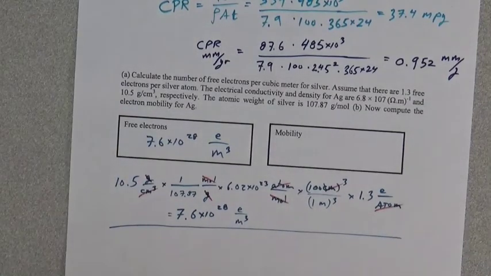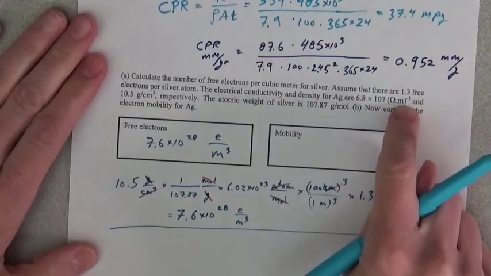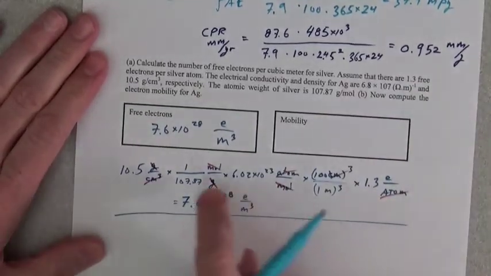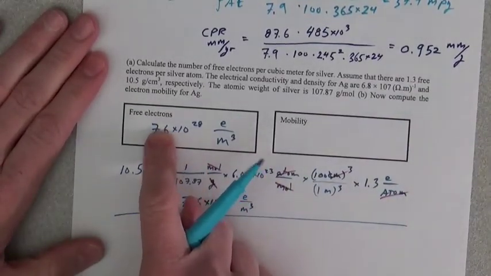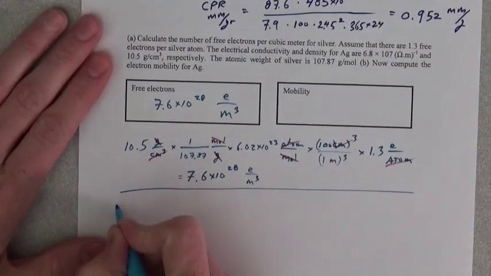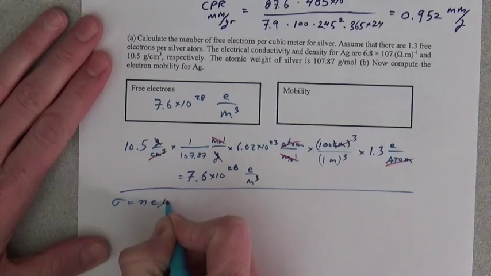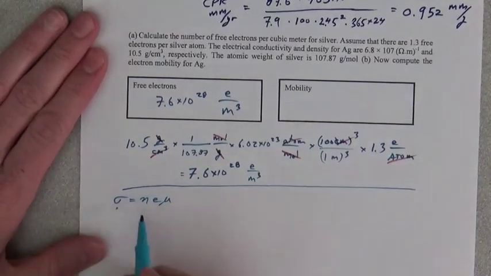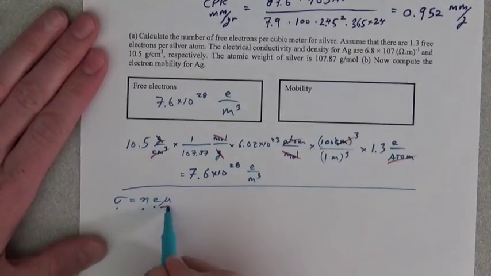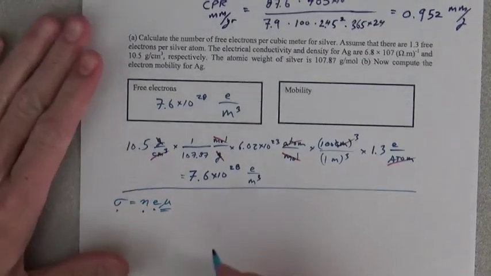The next question is about mobility, and we're given the conductivity, and we have the number of free electrons, we have the charge on the electron, therefore we have everything in the equation. Sigma equals n e mu, given, known, determine the mobility.